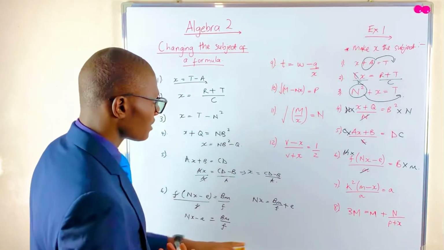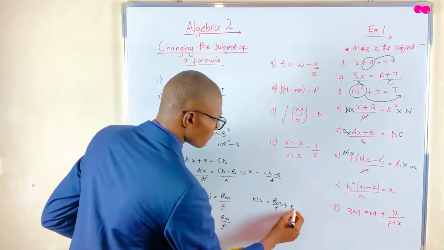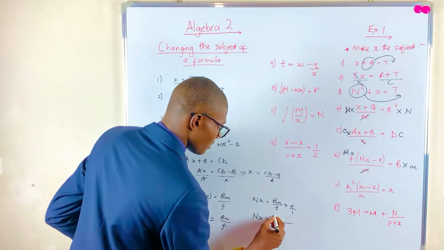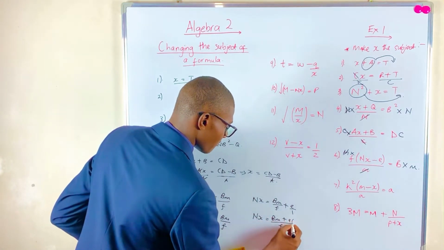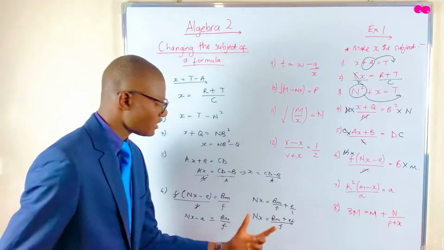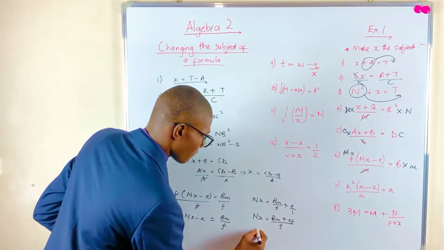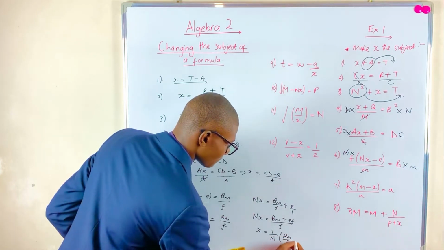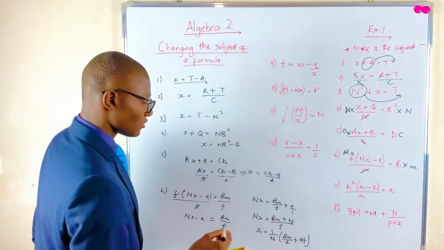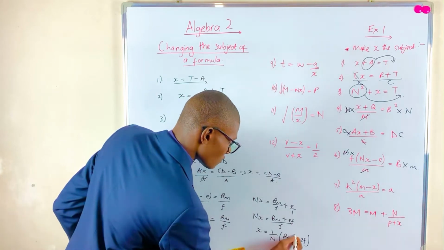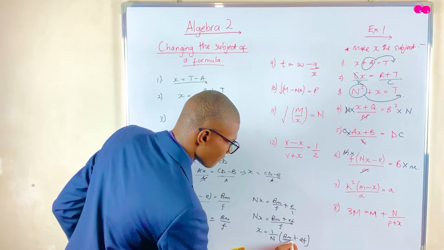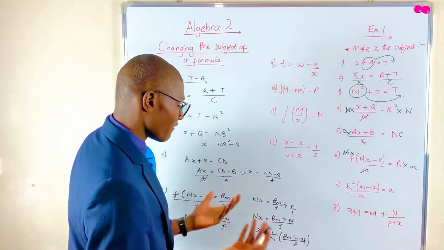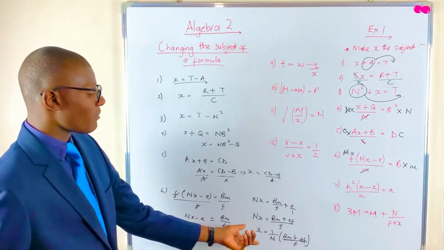Of course, to make this a single fraction, we rewrite it as nx being equal to Bm plus EF, all over F. Such that when we divide both sides by n, we've got x being equal to 1 over n times Bm plus EF all over F. And of course, n times F will simply give us Fn or nF, whichever way we decide to write it. But this will be the final answer.